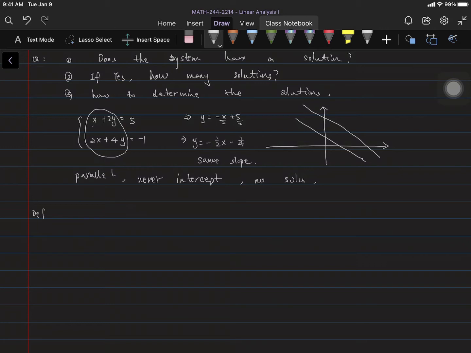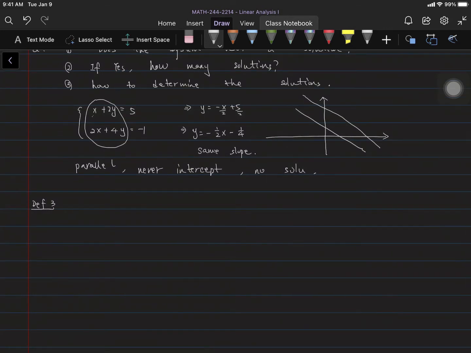Definition 3. So here just to give you some brief idea, like one example. But in the future, we'll see a lot more systems. Definition 3, matrix of coefficients. Okay, so the matrix of coefficients, you can see the definition. What are the coefficients? Coefficients are Aij, right?